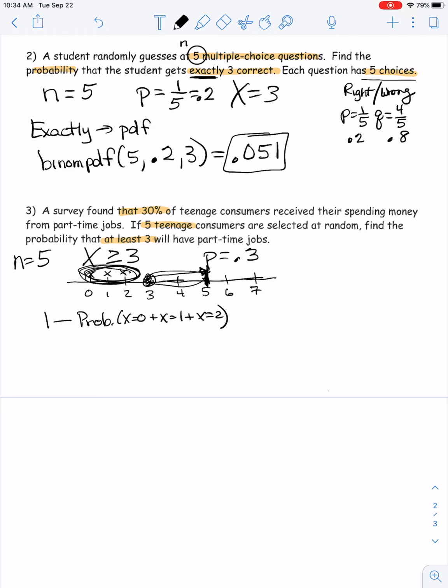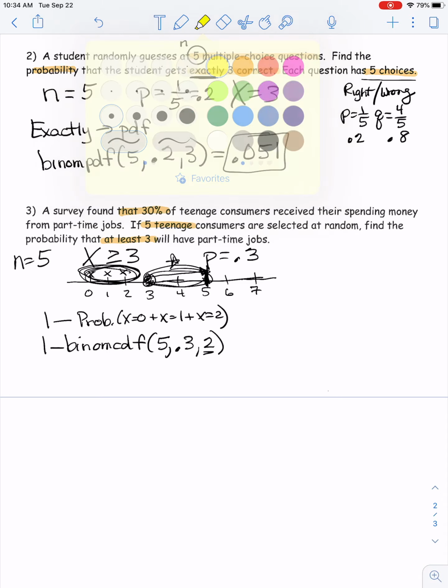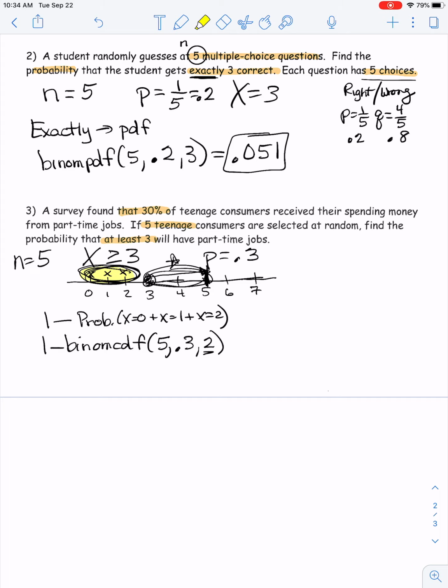And to keep the sum this way, we would say 1 minus binomcdf(5, 0.3, 2). So we're saying 1 minus the sum of these probabilities. If you key that in the calculator, you get 0.163, and that's your final answer.